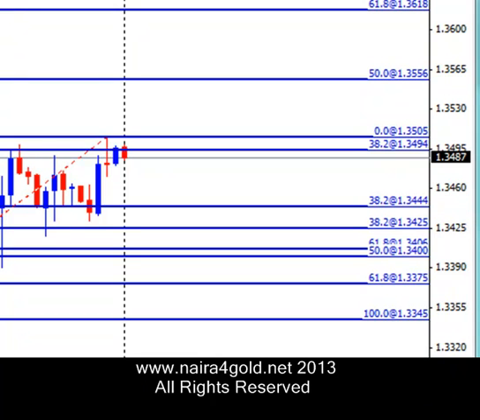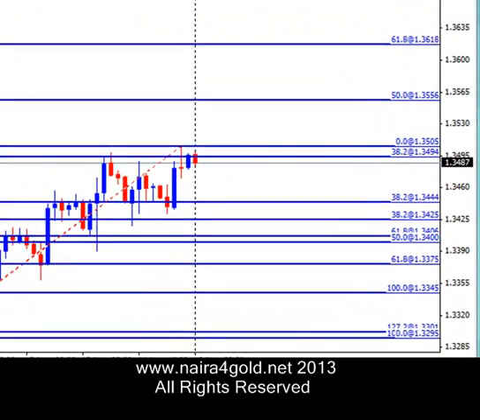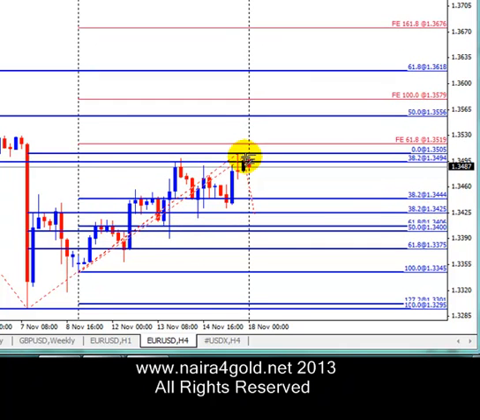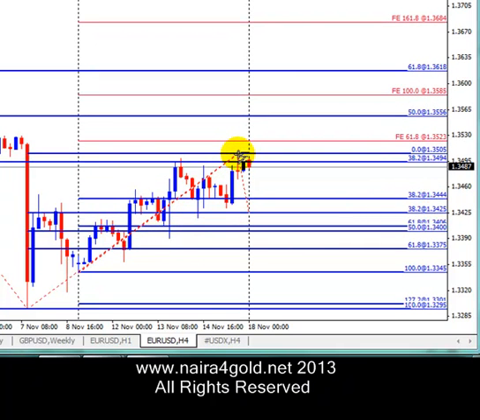Let's look at Fibonacci expansion for the two Fibonacci levels we have plotted. Based on the rise from here, Fibonacci expansion up to 1.3505, the first expansion at 61.8 is at 1.3523, while the second, 100%, is at 1.3585.